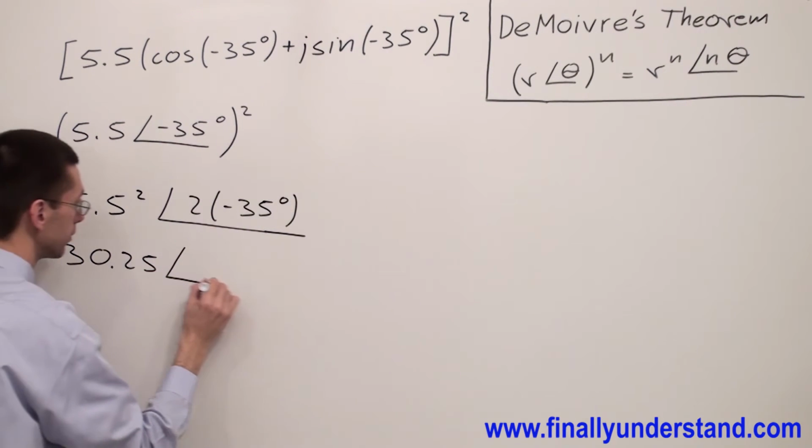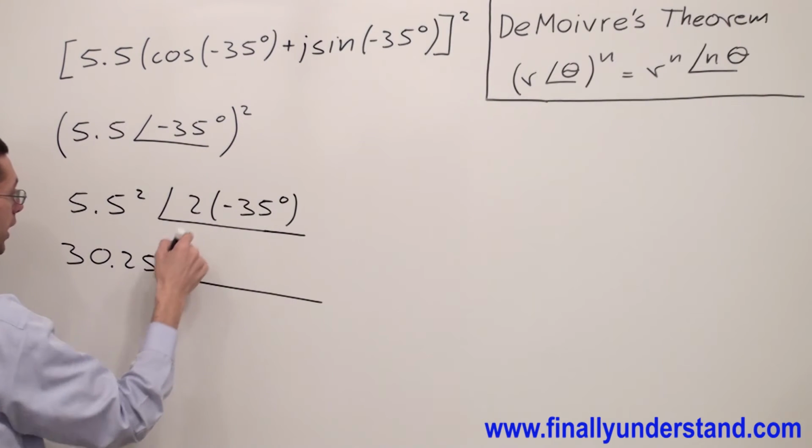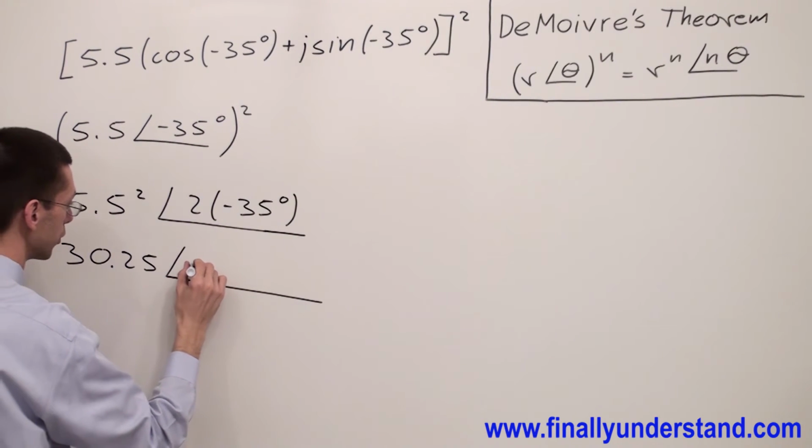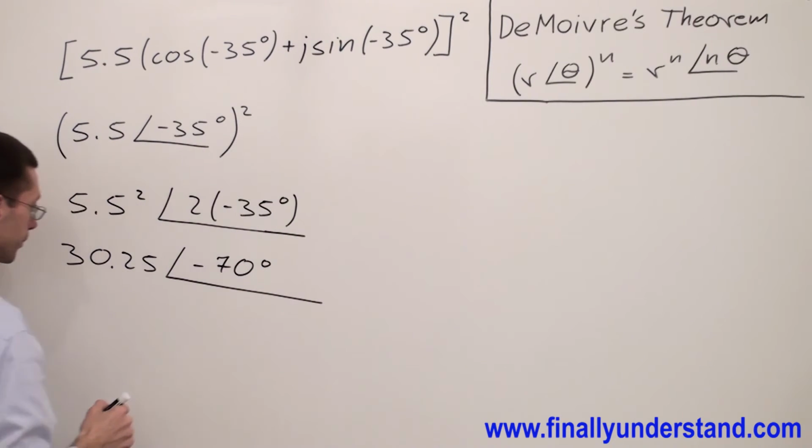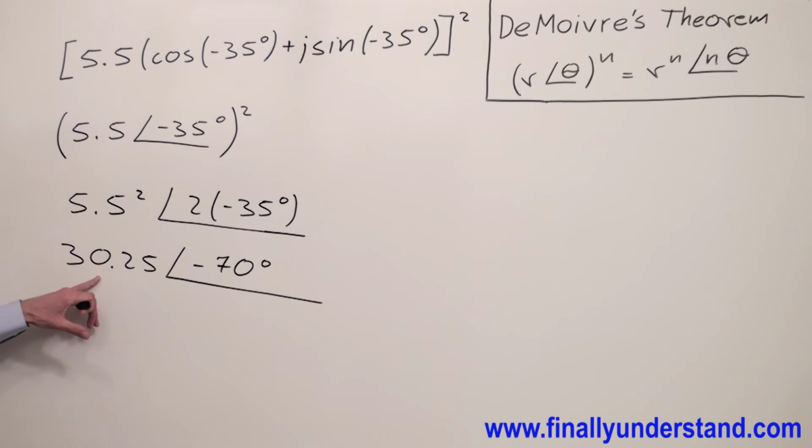And I have angle 2 times negative 35 is equal to negative 70 degrees. So this is my answer in polar form.